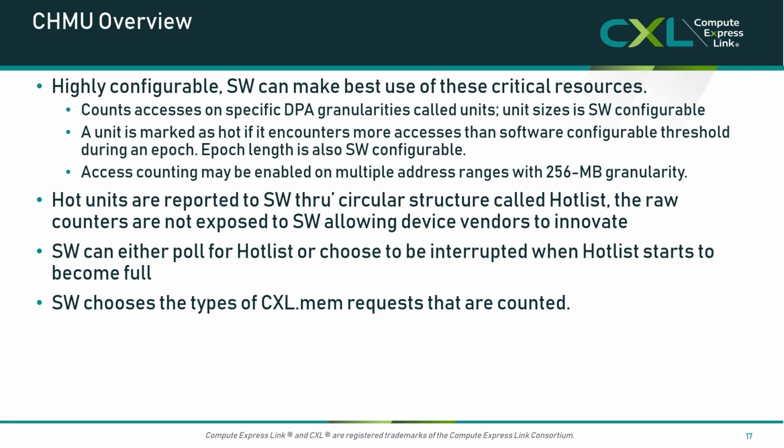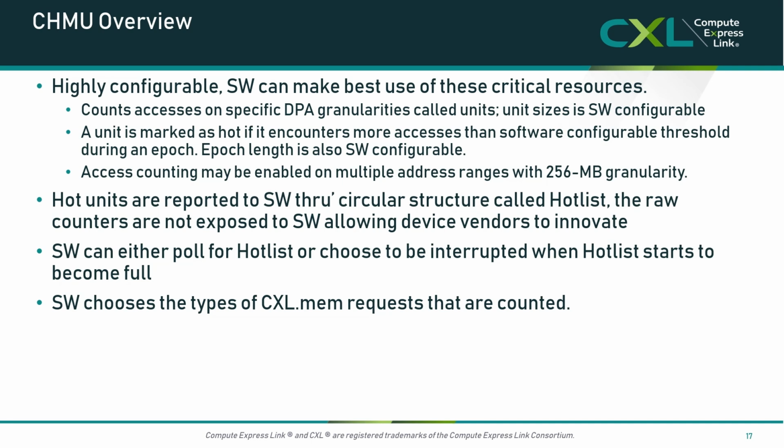For a unit, the memory device will keep track of accesses and mark it as hot if it exceeds the number of accesses that software has configured during what we call an epoch. So the epoch length is set up by software.